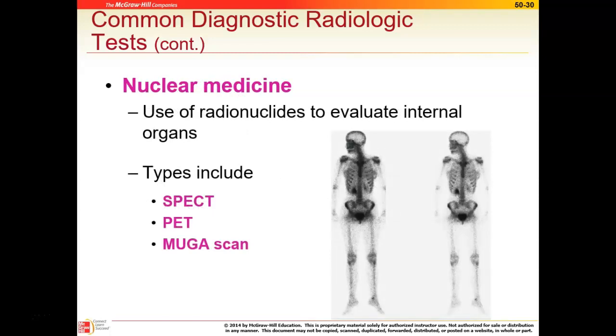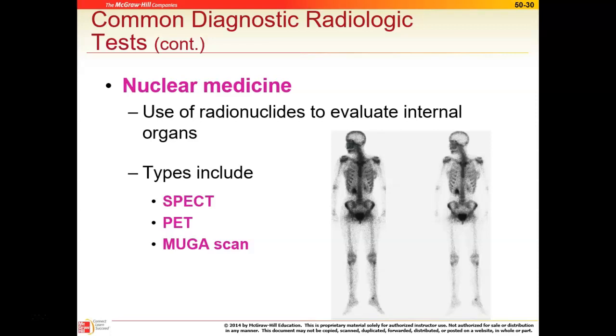So then we move to another area called nuclear medicine, and this area has really become a very large diagnostic radiologic area of medicine, where we actually use radionuclides to evaluate internal organs. And there's a number of different kinds of nuclear medicine.